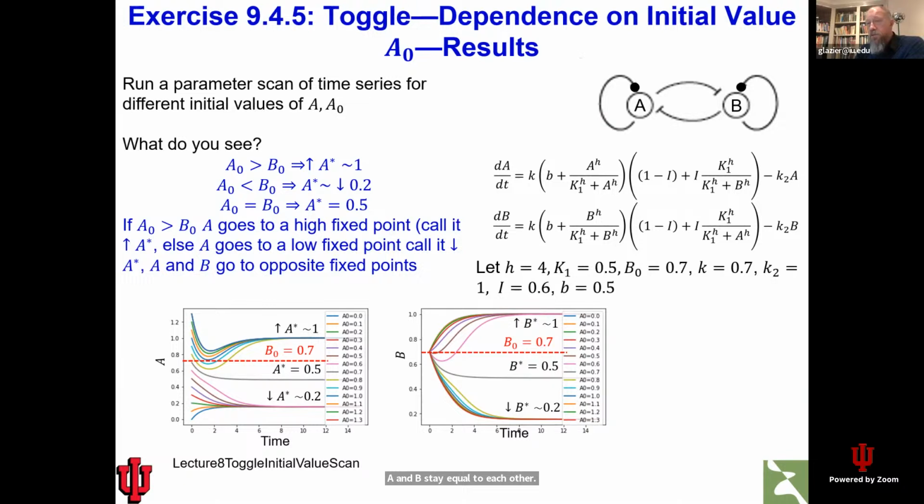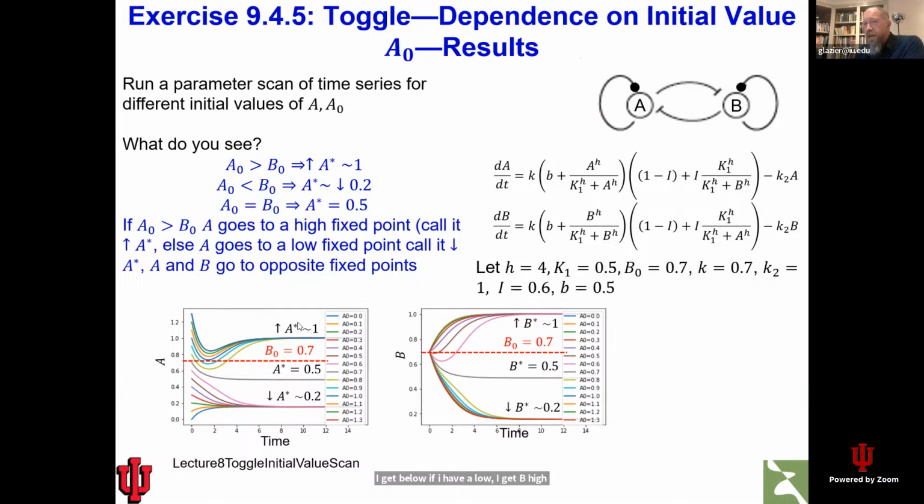They both will move to a value of a half to balance that. And similarly for B. If I have A high, I get B low. If I have A low, I get B high.